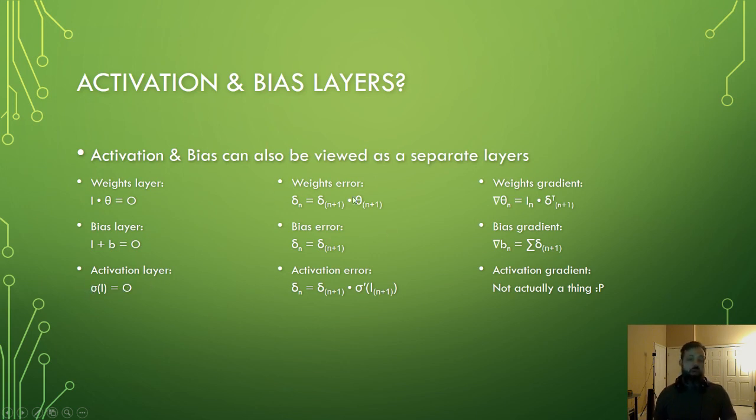Then when you're coming back through the network, for backpropagating the error through your activation layer, now we're going backwards. Your backpropagated error coming out of this layer is going to be the error that came into this layer times the derivative of your activation, so for the sigmoid, the derivative of the input for this layer.